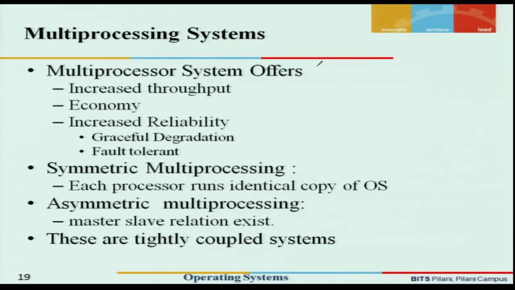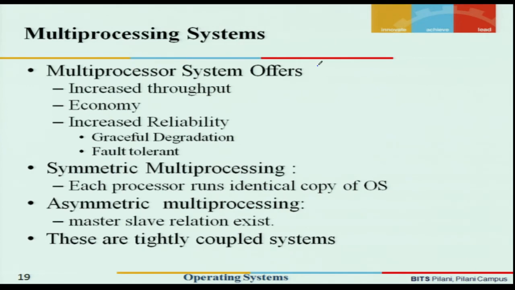It runs an identical copy of the OS. It can execute the OS, it can execute the user program. So there is no processor which is superior to the other processor. There is no processor which runs under the command of the other processor. Every processor is equally capable. So in a system where every processor is equally capable, we call such a system a symmetric multiprocessing system.